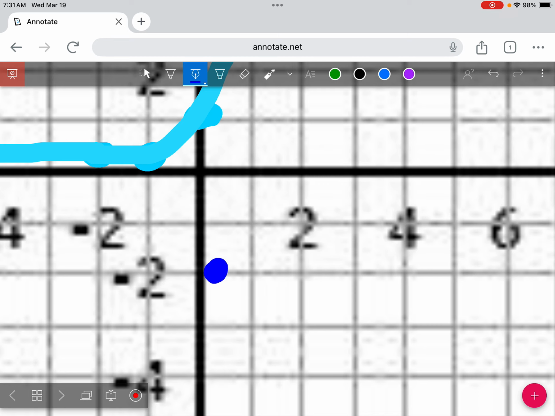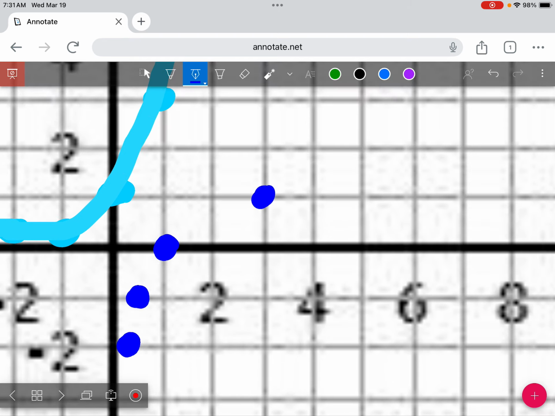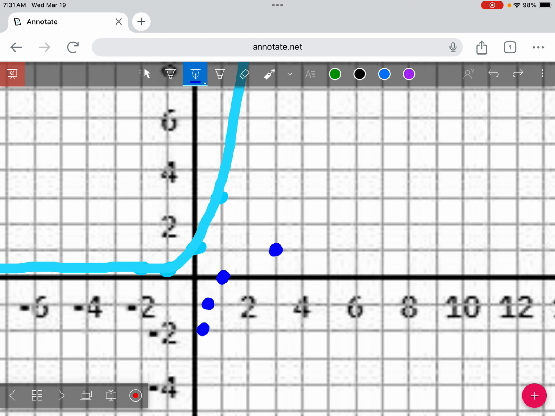When my x is 1/3, just a little bit farther, we're down at -1, so we're right here. When x is 1, we have our point at 0. When x is 3, our y is at 1. And when x is 9, our y is at 2.